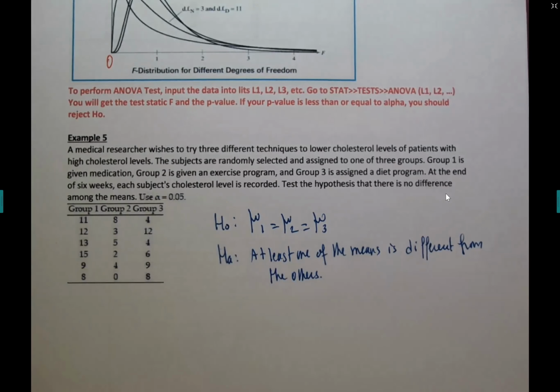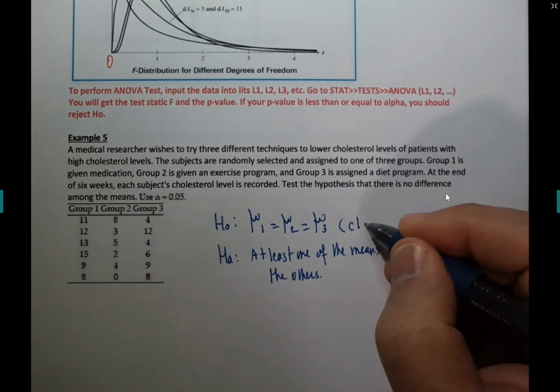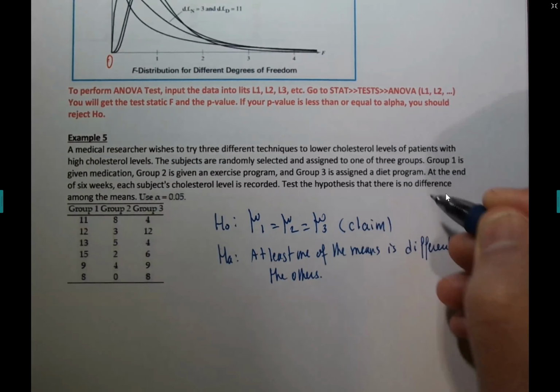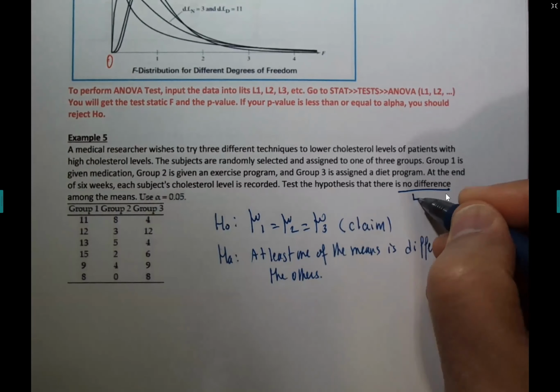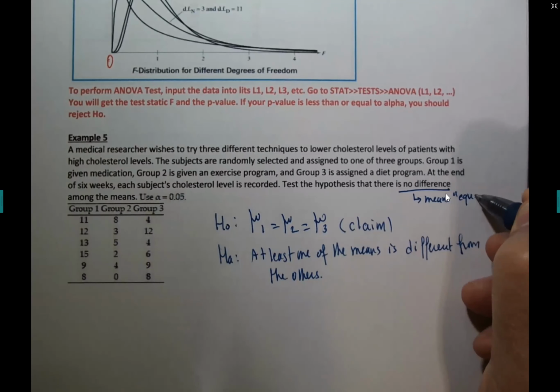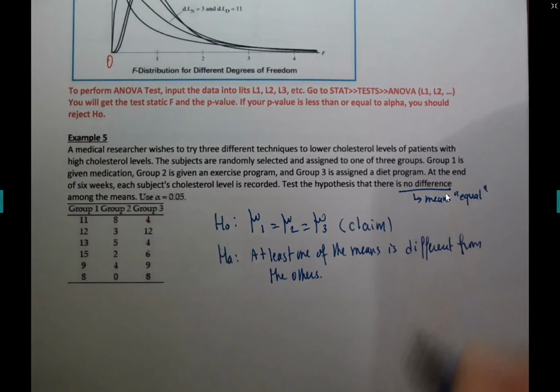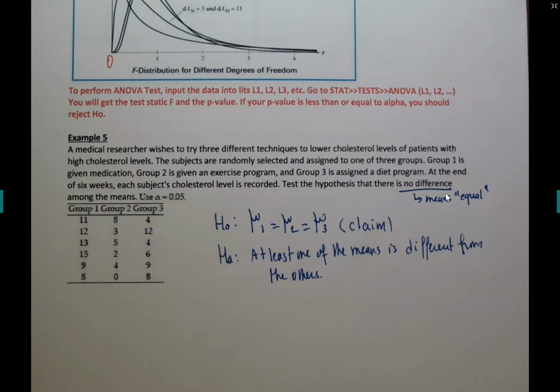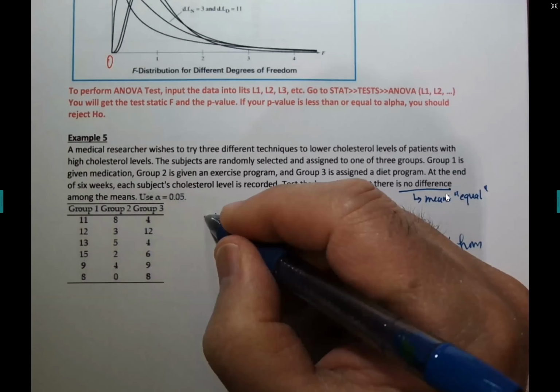Is it in H0 or HA? Test the hypothesis that there is no difference among the means. H0. Yep. No difference means equal. If I say there is no difference between what you get paid and I get paid, that means we get paid equally. Okay, so that's step number 1, guys.